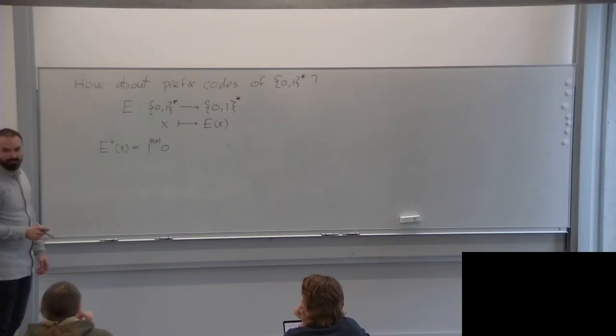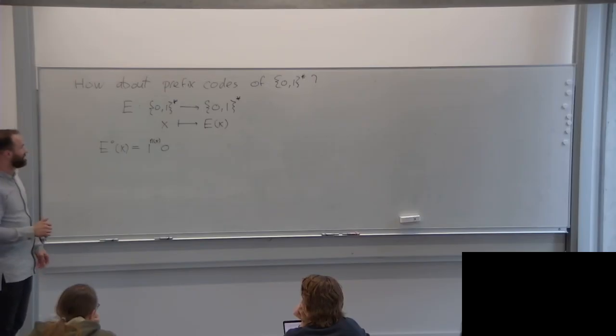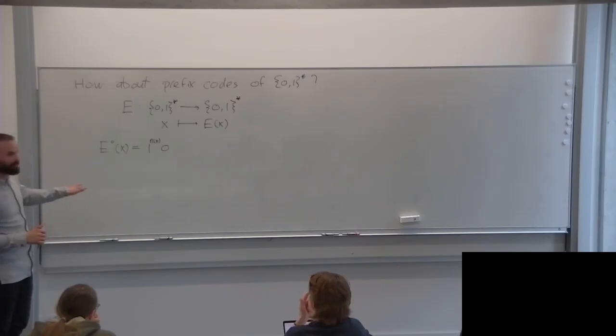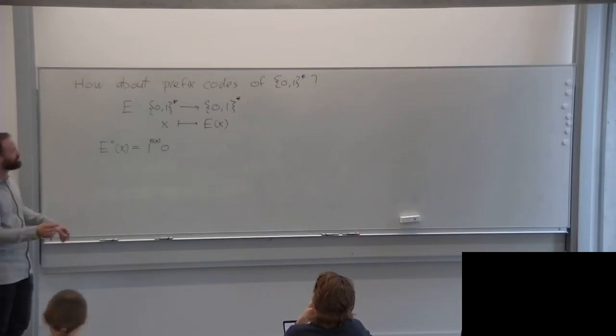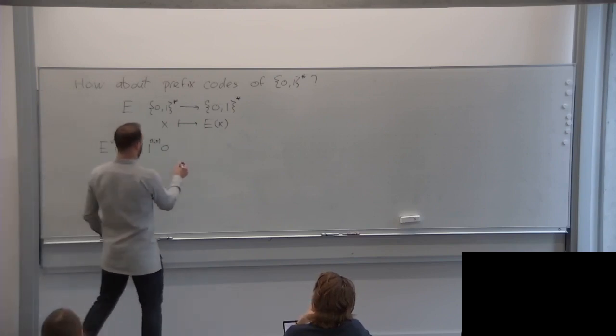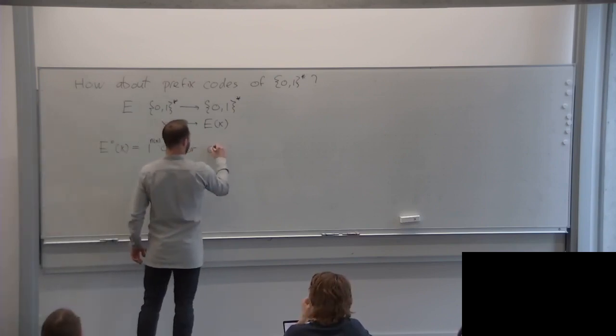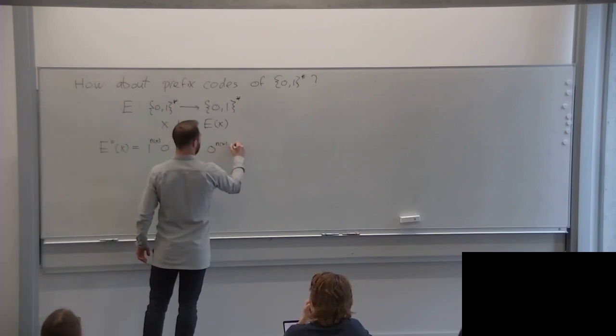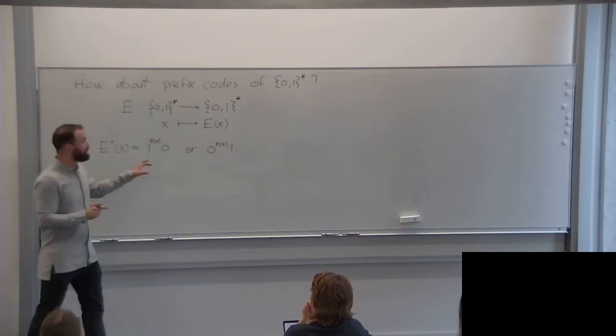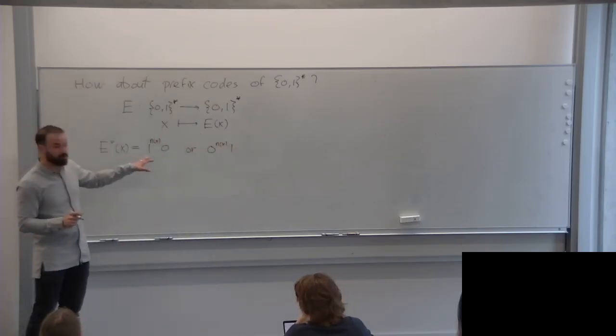That would be a prejudice against 1. It's true that in my construction of cylinders, I was sort of preferring 0 first. But if you prefer, I could say 0 n of X 1. They're still both prefix free.